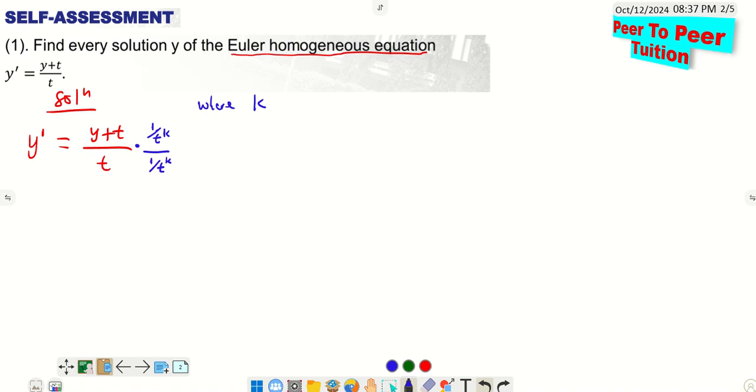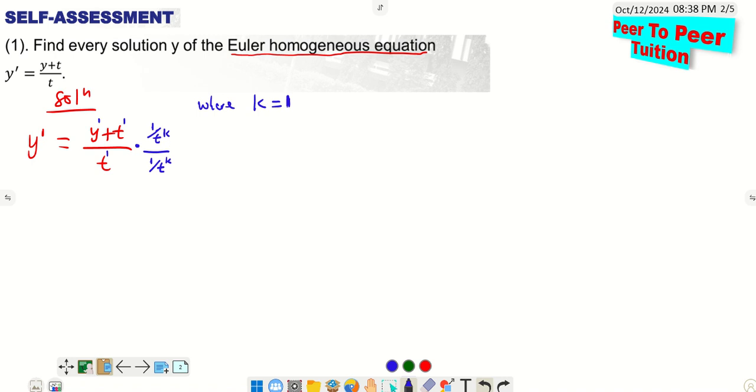Now we can see that y is to the power 1, t is to the power 1, and t is also to the power 1. So each term here is to the power 1. Therefore, we can say that this equation is homogeneous of degree 1.